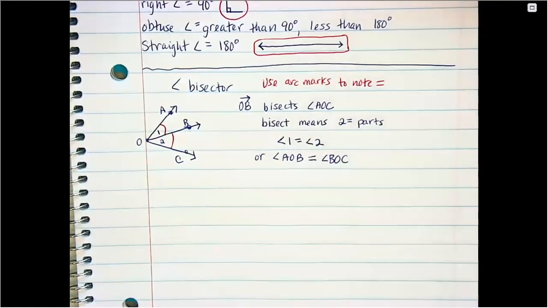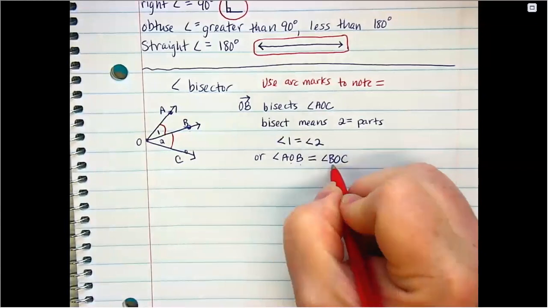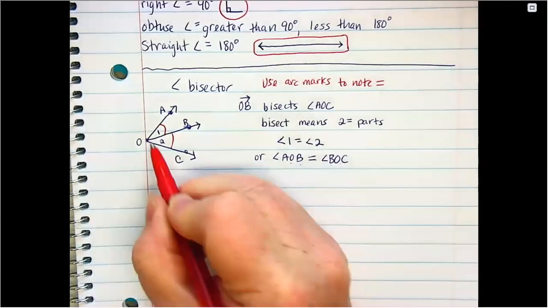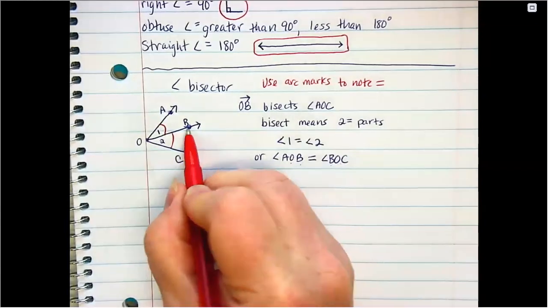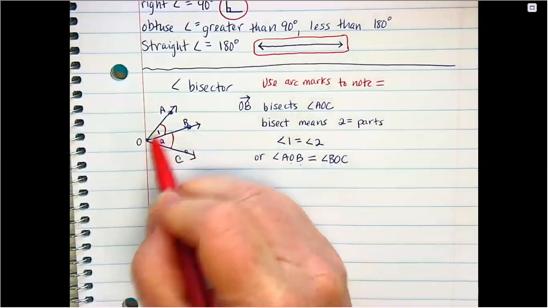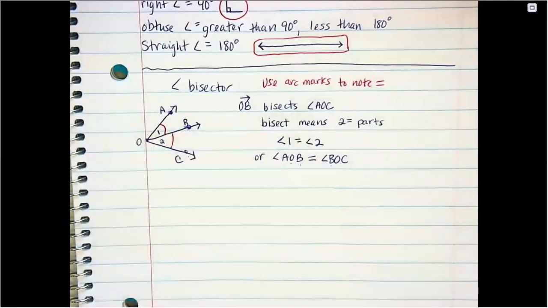Notice that they both have OB in common, this OB and that OB. So that's actually what they have in common. That's the middle that's going to join your two angles together to give you angle AOC.